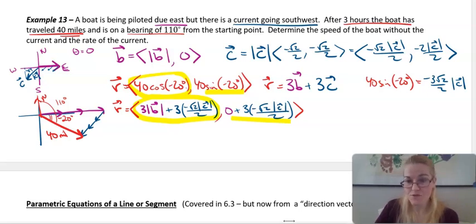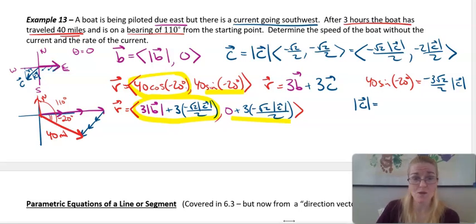So solving this for the magnitude of C, what is the rate of the current exactly? Again, I multiply by 2, I divide by negative 3 root 2. Sine of negative 20 degrees. Sine's an odd function, so really this is negative sine of 20 degrees. So if I wanted to, I could just pull that negative out and ignore all the negatives. But I'll leave this in and this in just so we're clear.